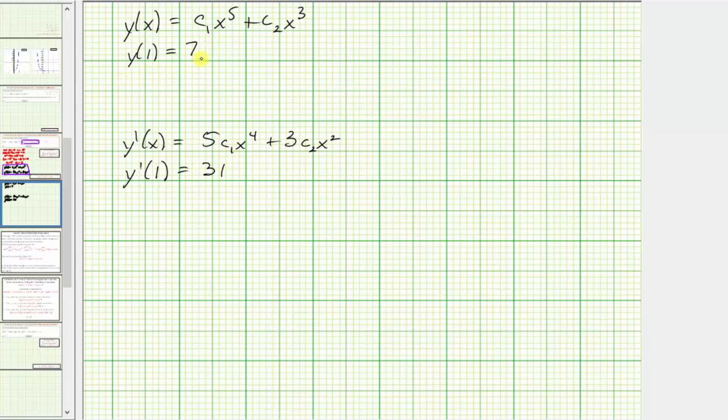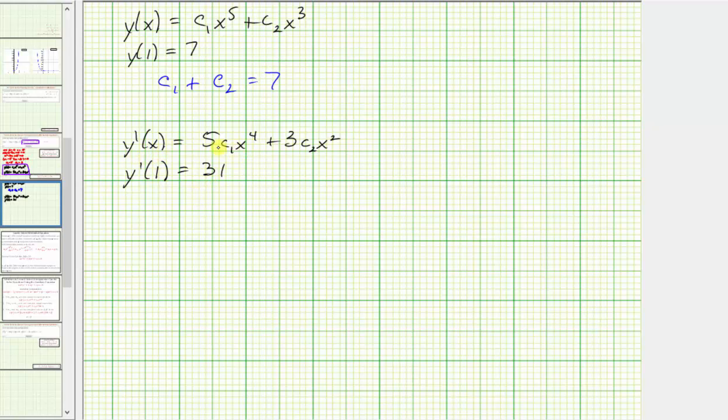Using y of 1 equals 7, we'll substitute 1 for x and 7 for y of x. So that would give us c sub 1 times 1 to the 5th, that's just c sub 1, plus c sub 2 times 1 to the 3rd, that's c sub 2, equals 7. And now using y prime of 1 equals 31, we'll substitute 1 for x and 31 for y prime of x.